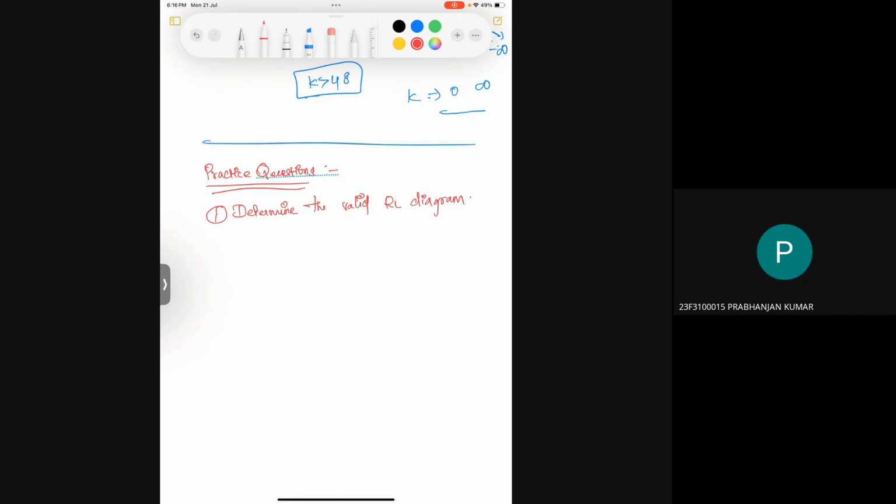By RL, I usually mean root locus, okay? These can be some intuitive questions.